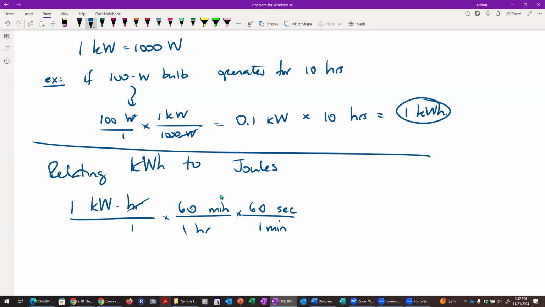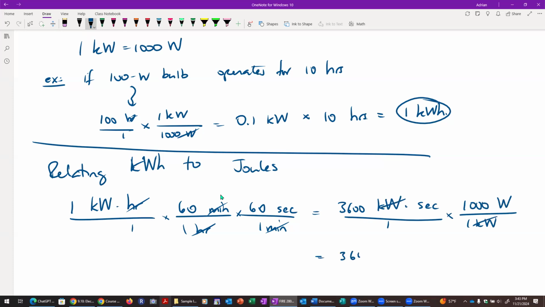So my hours go away, my minutes go away. So I have 3,600 kilowatts seconds, if I look at my units here. And then if I want to convert my kilowatts to regular watts, I know that for every kilowatt, there are 1,000 watts. Kilowatts go away. So what I end up with now is 3,600,000 seconds times watts as my unit.